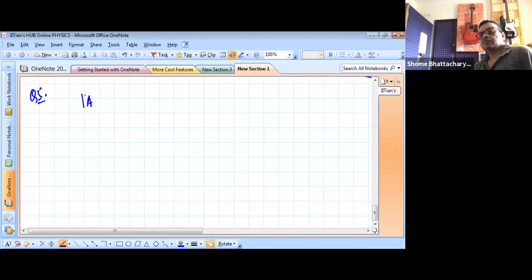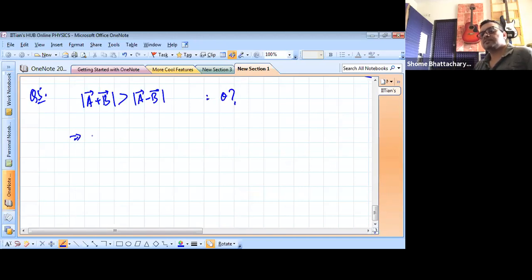Question 5: if magnitude of A plus B is greater than magnitude of A minus B, right? That is the condition given. Greater than mod of A minus B. Okay. Then what we can say about the angle between the vectors?